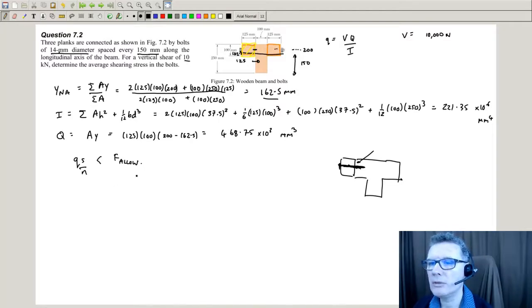We are looking for the stress in the bolt. So the N, that's straightforward. That's a 1. The Q we can find. So V is 10,000. I'm working in millimeters. S is 150.